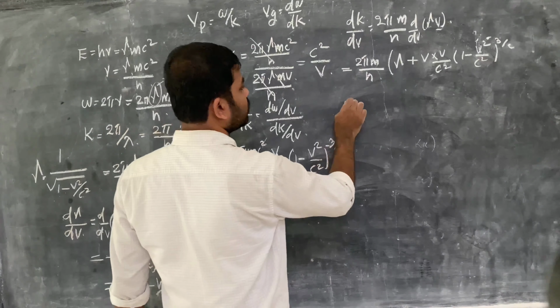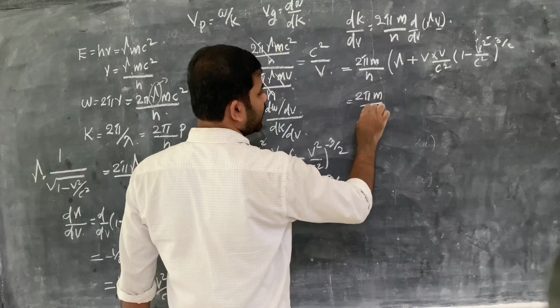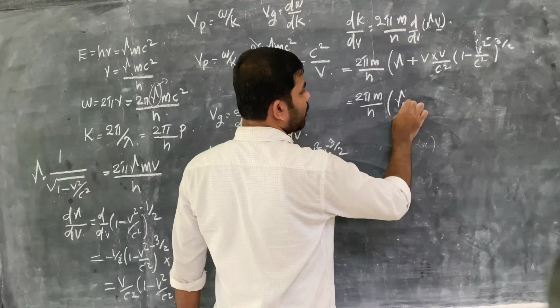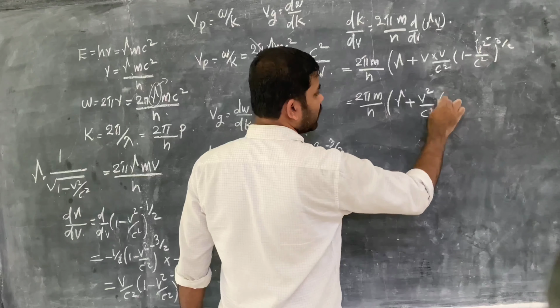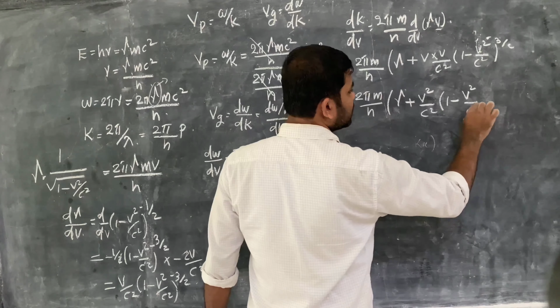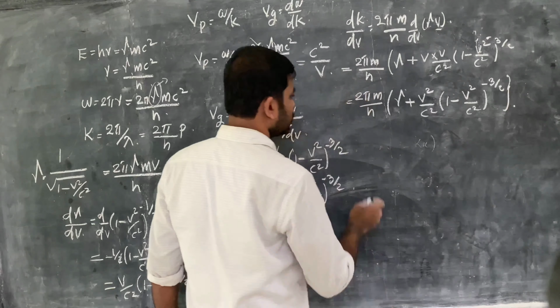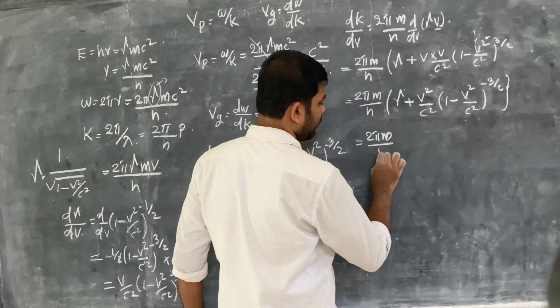So that is equal to 2 pi m divided by h into gamma plus v square divided by c square into (1 minus v square divided by c square) all raised to minus 3 by 2.